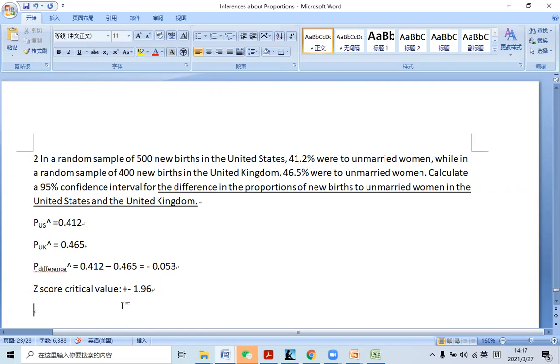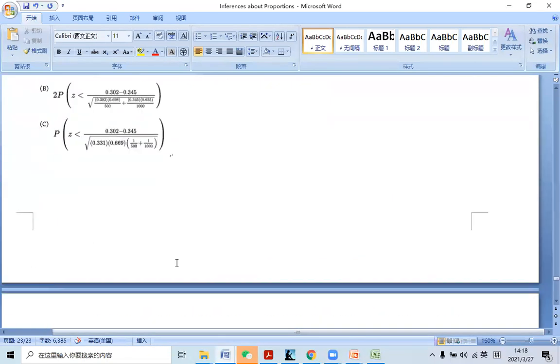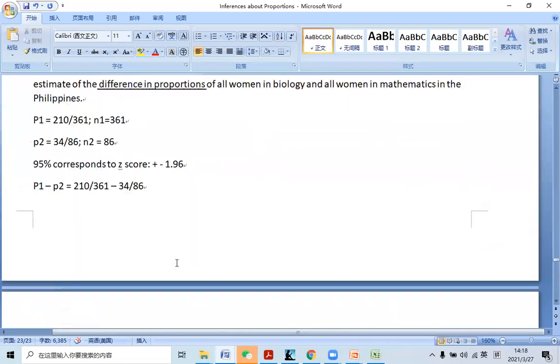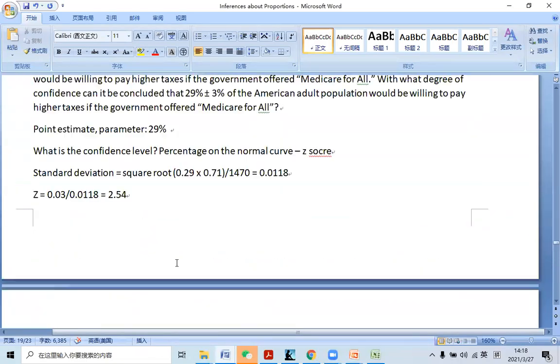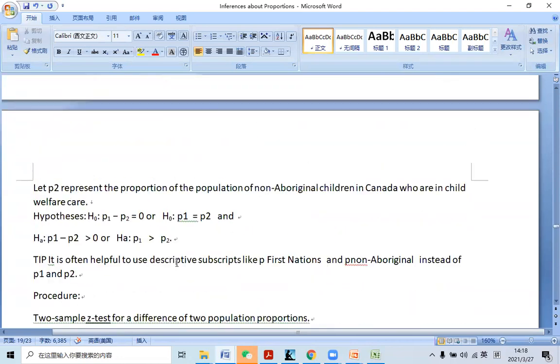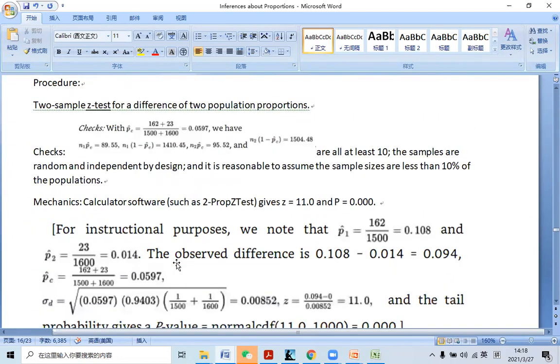Now the key thing is that you need the standard deviation estimate. You need the standard error. Standard error is your estimated standard deviation. Here we go back to review a little bit about the sample. Now you need the pooled estimate.